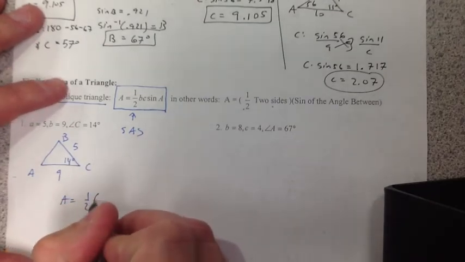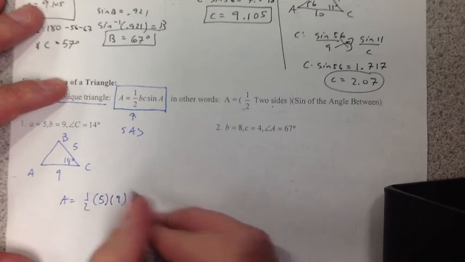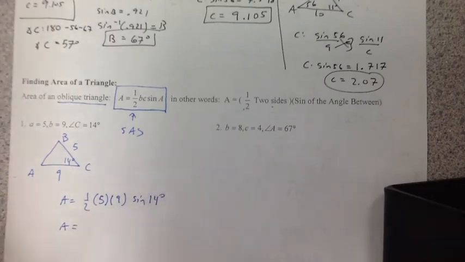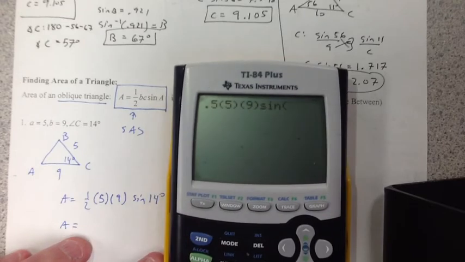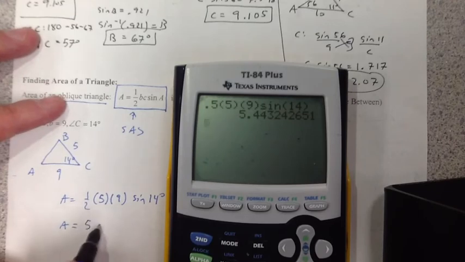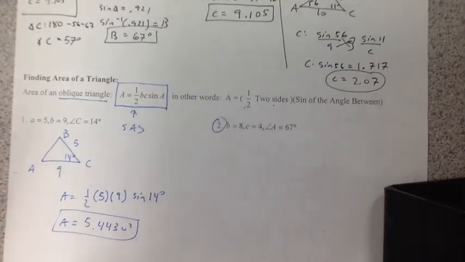It says 1/2 the product, 5 times 9 times the sine of the angle between them, 14 degrees. If we multiply all of this out on our calculator, we get 1/2, let's just do 0.5, a little bit easier, times 5 times 9 times the sine of 14. Hit enter, and we get an area of 5.443 units squared. What I would like you to do tonight is to do question number 2, the same idea.